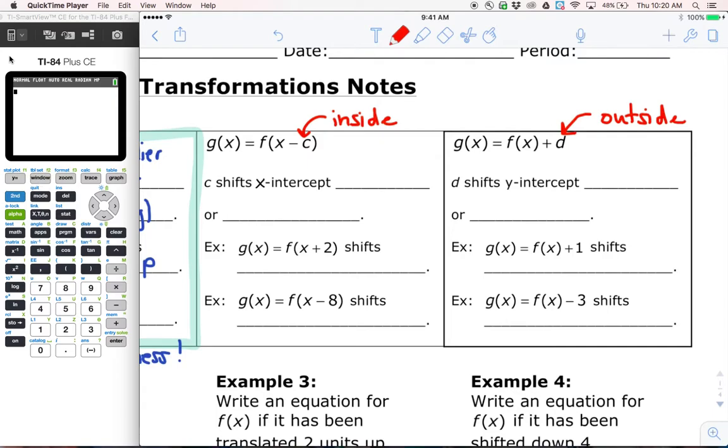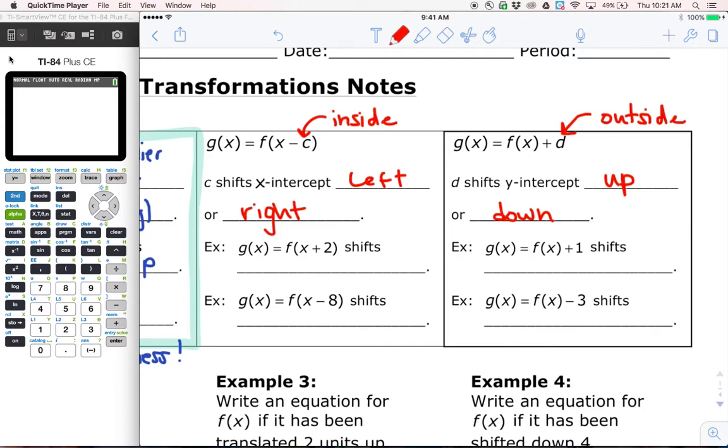So if we're not changing steepness, what are we changing? We are shifting our graph around, right? We're moving things. If the number is inside, then we are shifting our graph left or right. If that number is outside, then we are shifting our graph up or down.